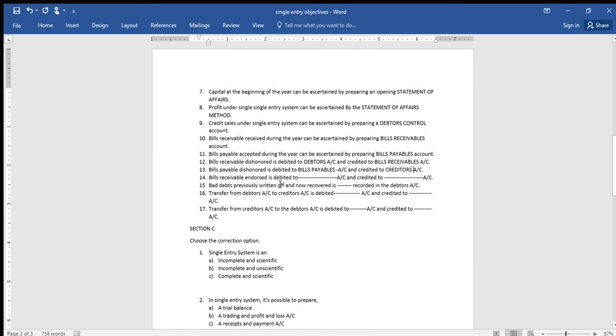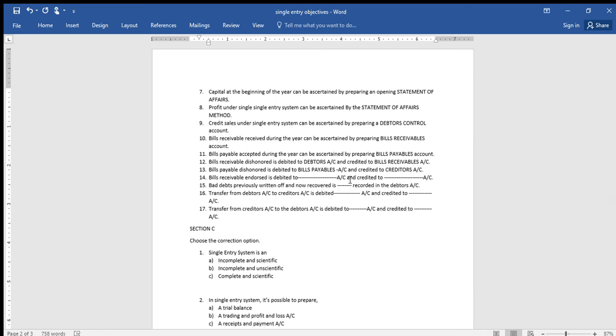Then number 14, bills receivables endorsed is debited to the creditors account and then credited to the bills receivables account. Endorsed is like approved. The bills receivables account is credited because the receivables are decreasing, and assets decrease by crediting.